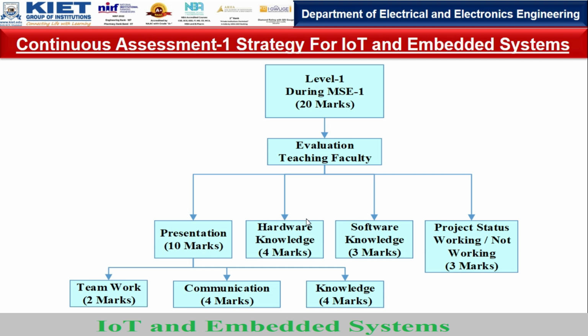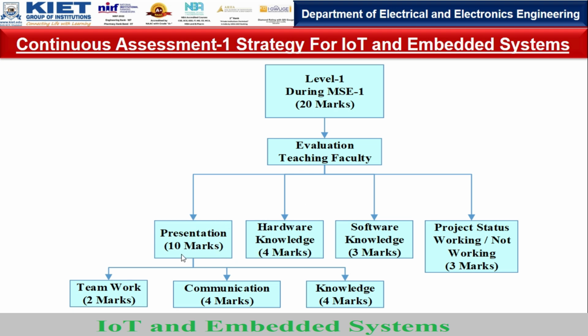This is the continuous assessment for level 1. It is evaluated by your teaching faculty. The categories are the presentation over your project, whichever project you selected, in your classroom. Basically it is only for the classroom, not for the lab.